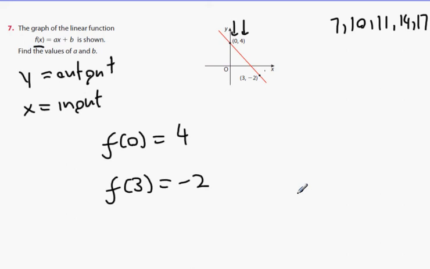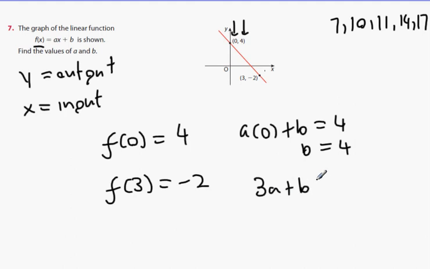Okay? All we gotta do next is do what, guys? Replace x with 0. And you're gonna get a times 0 plus b equals 4. Therefore b equals 4, yeah? What do we do with this one? Replace x with 3. We're going to get 3a plus b equals, anybody?